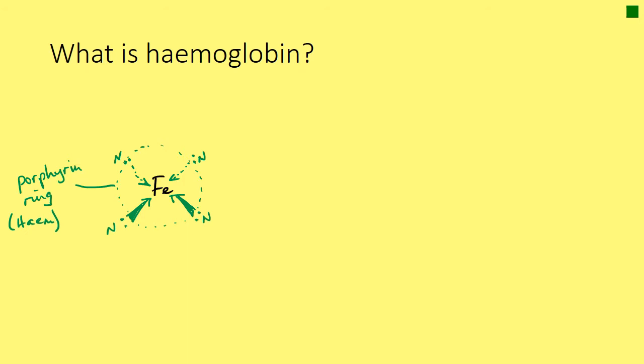But iron likes to have 6 coordinate bonds attached to it. And so one of the other coordinate bonds is going to come from below in the plane of the screen. And this is going to be another protein molecule. I'll only draw the nitrogen atom of the protein molecule, and this is a protein molecule called globin.